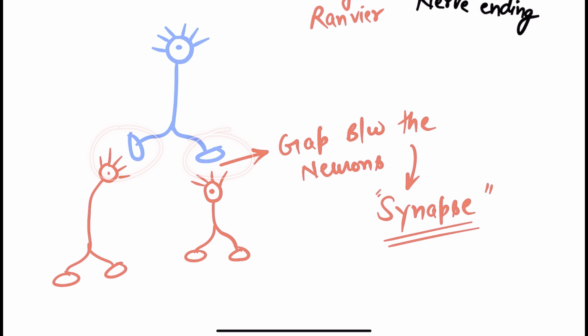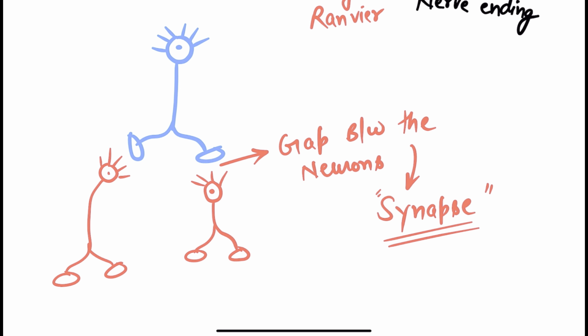And let's just see कि इस गैप में एक्चुअली होता क्या है, because I just told you कि ऊपर वाले dendrite में nerve impulse will be generated, and that nerve impulse will travel towards the cell body, and from the cell body it travels towards the axon, and after reaching the axon, it will reach to the nerve ending.